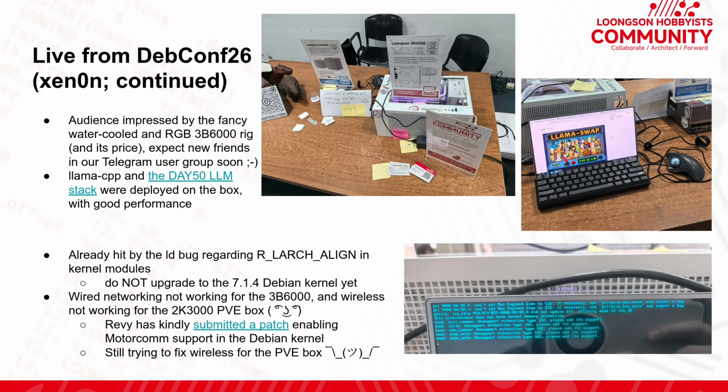This box, along with the B-Link PVE host, has garnered much attention from attendees in the past few days, and they are thoroughly impressed by the performance and the competitive prices.